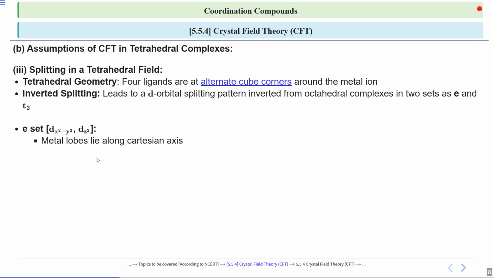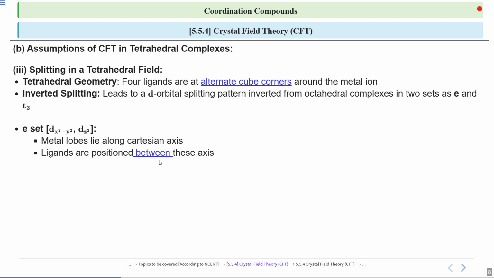In the tetrahedral field, when ligands move closer to the central metal ion, they position themselves in the Cartesian plane to form strong bonding with the metal. How do the ligands place themselves? The ligands are positioned between the x, y and z axes. So along the axis are the metal d orbital lobes, and in between the axes are the ligand positions.